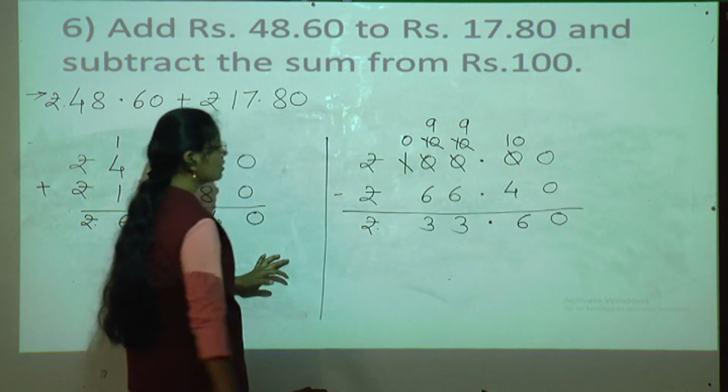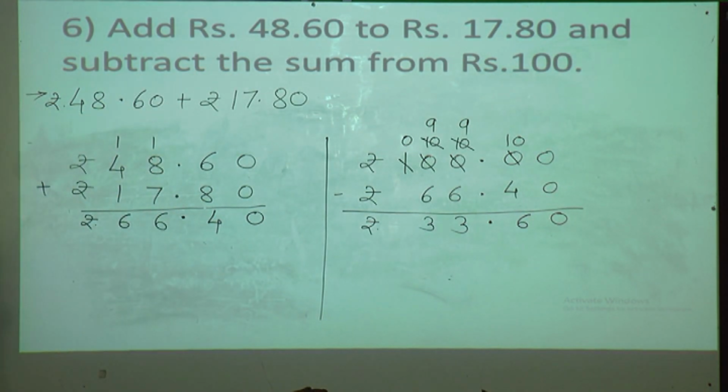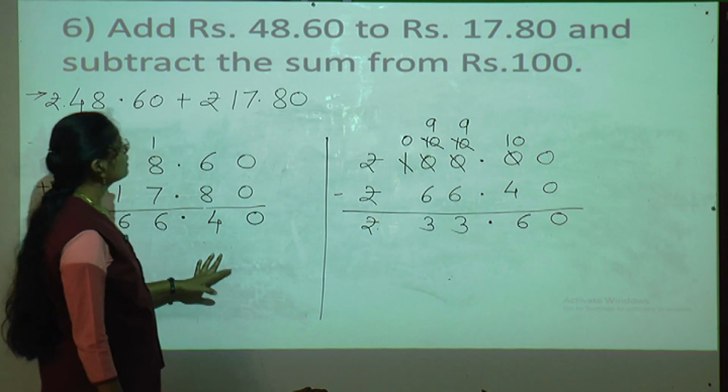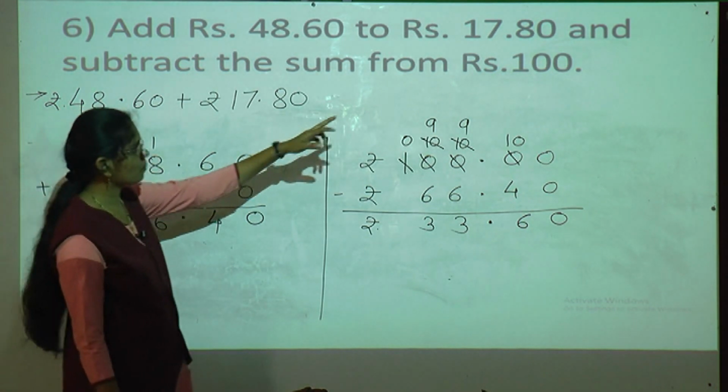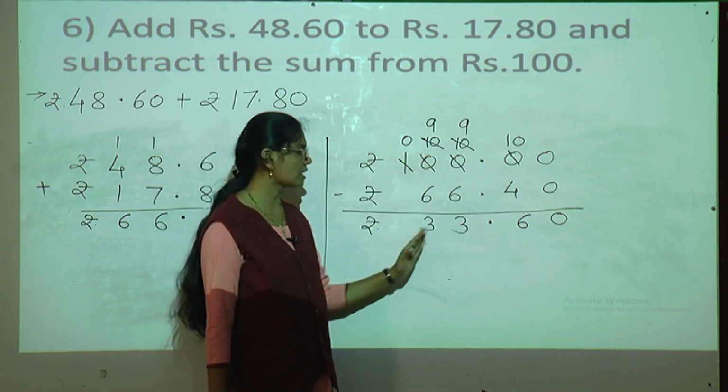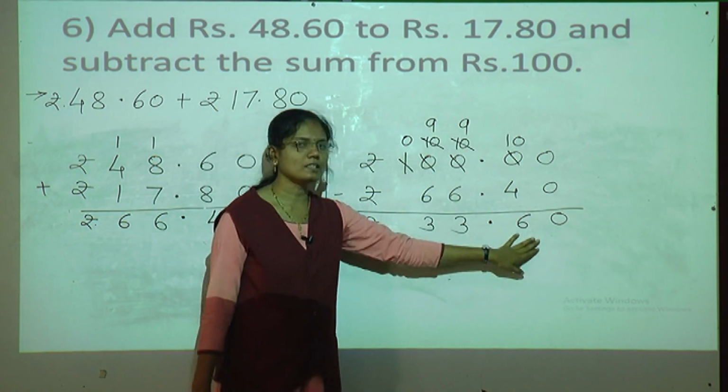So what is the answer? 33.60. See here, after addition we got the sum, that is 66.40, and this sum we have to subtract from the 100. So after subtraction we got the final answer, that is rupees 33.60.